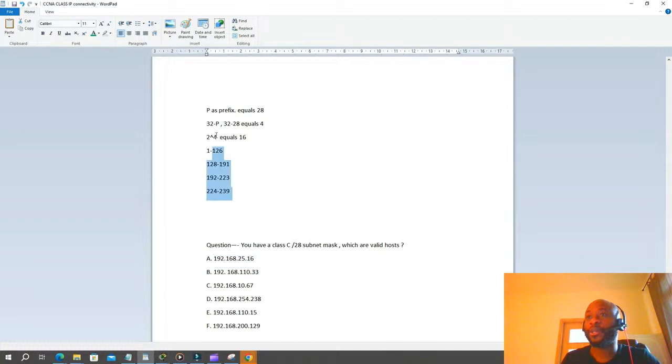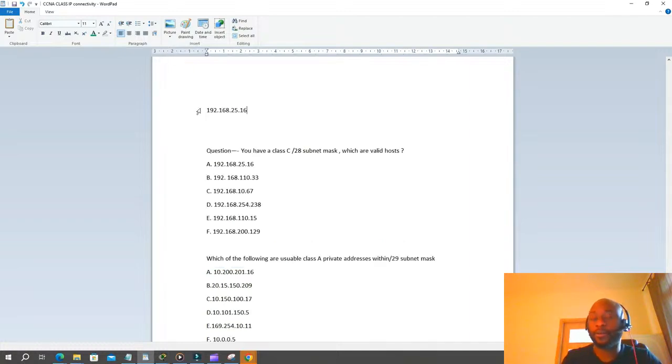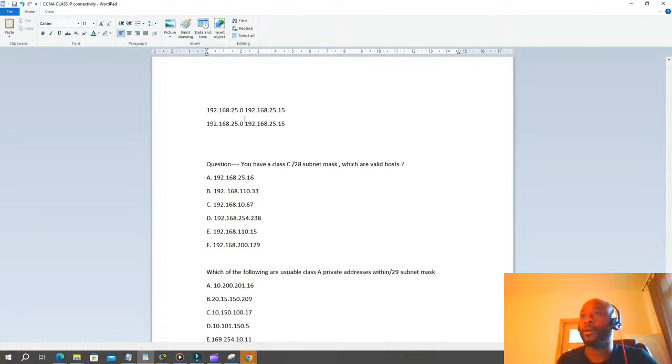Let me copy this subnet. 192.168.25.0 up to 192.168.25.15. This is the first subnet for this. Then the next one is going to be dot 16 to dot 32.